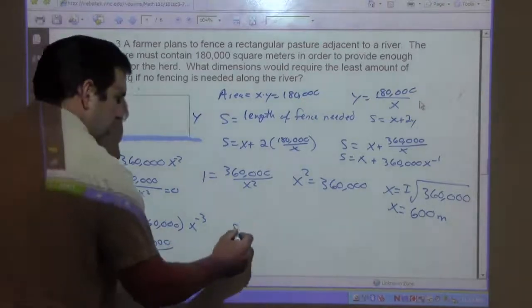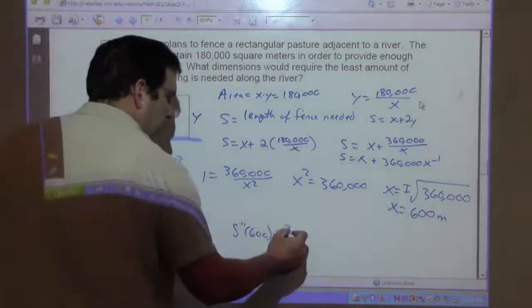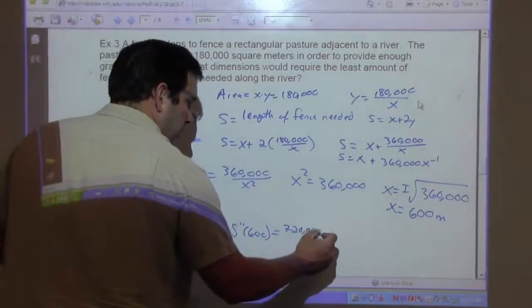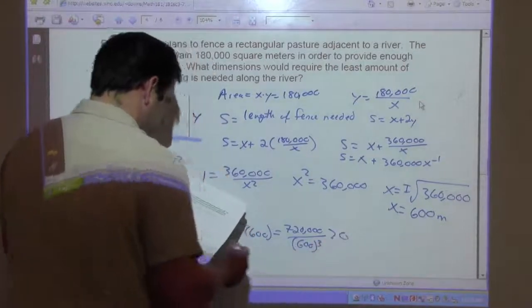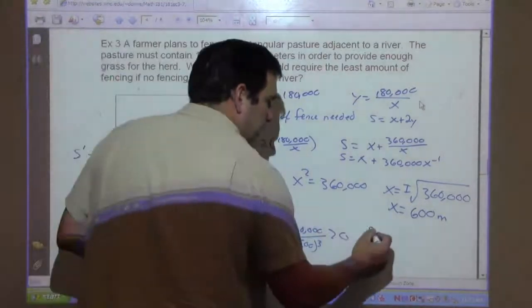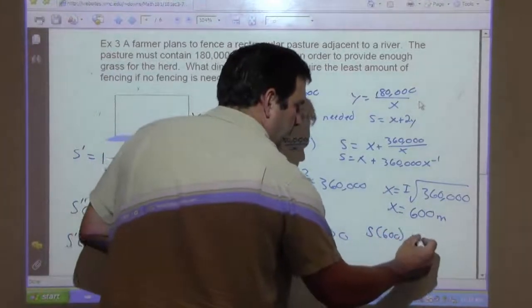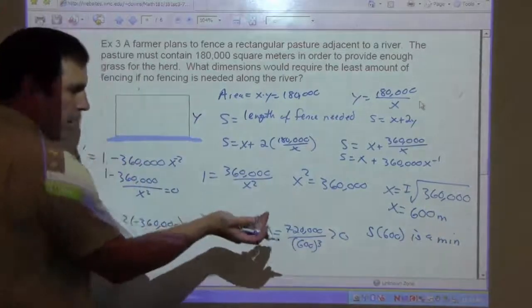If we look at the second derivative at 600, that's going to be 720,000 over 600 cubed, and that's going to be positive. So s of 600 is a minimum value, because that means the function's concave up at that point.